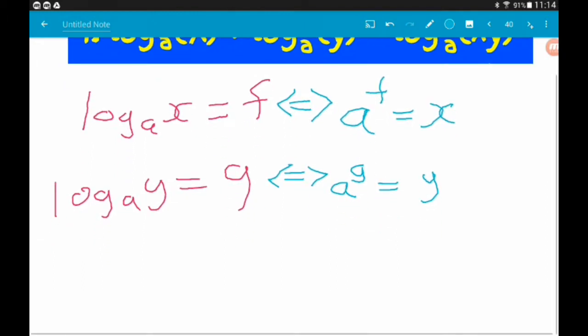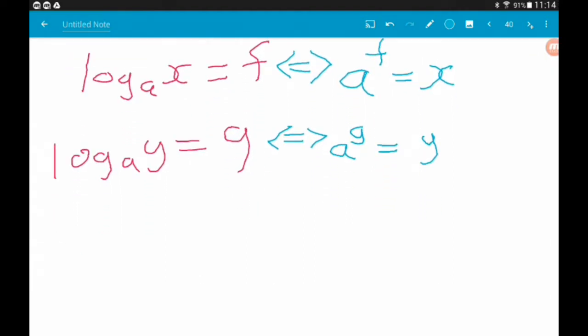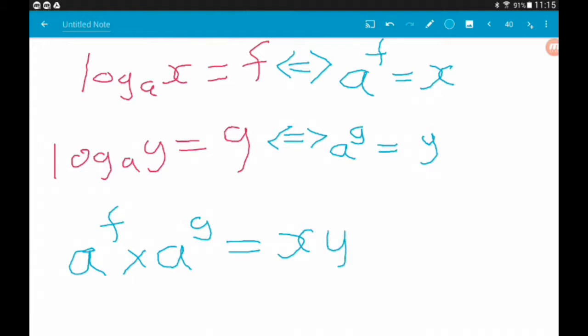So notice now we have an x and a y on their own. So we want to end up with a log base a of x times y. So it seems logical we're going to need an xy. So to get that, we're going to have to multiply our equations together. So if we do a to the power f times a to the power of g, that's going to give us x times y.